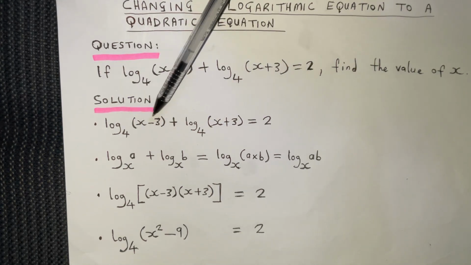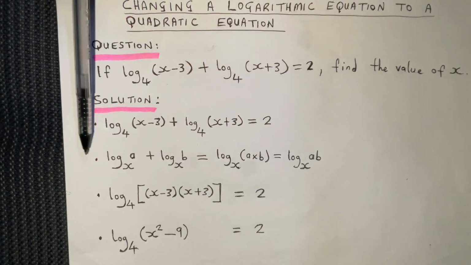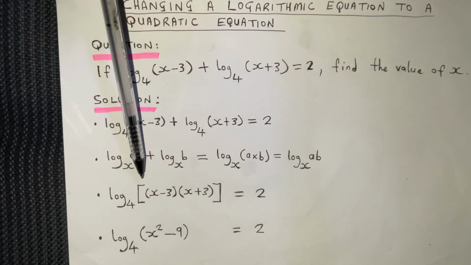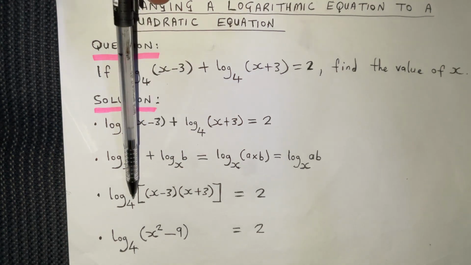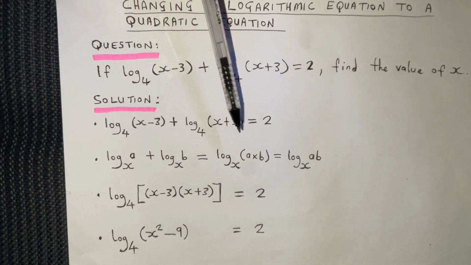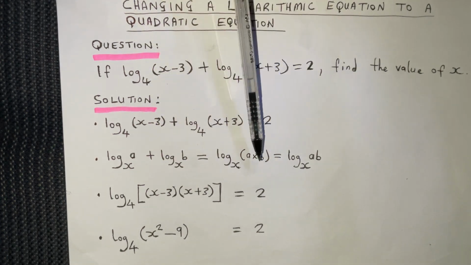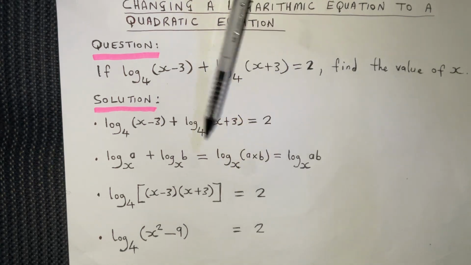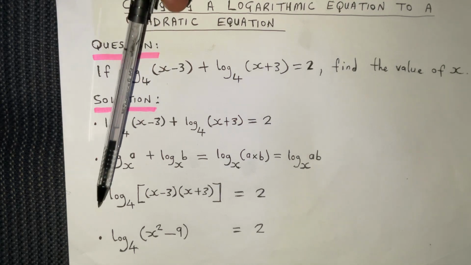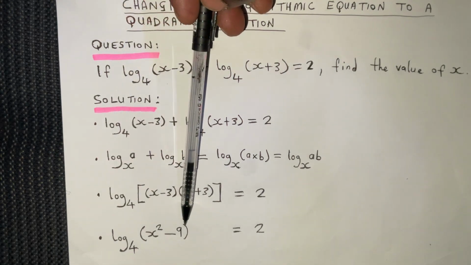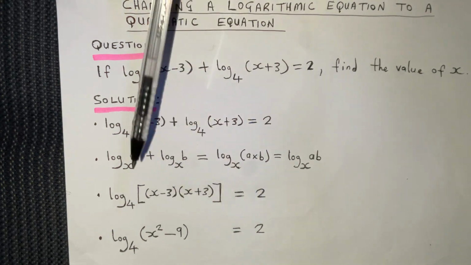So it will be log of x minus 3 multiplied by x plus 3 to base 4, as in this case ab. So this is my a, this is my b, equals 2. So when you multiply here, we will get log of x squared minus 9 to base 4 equals 2.